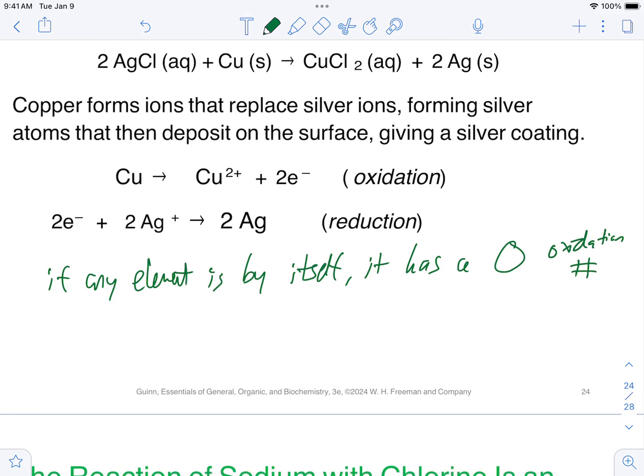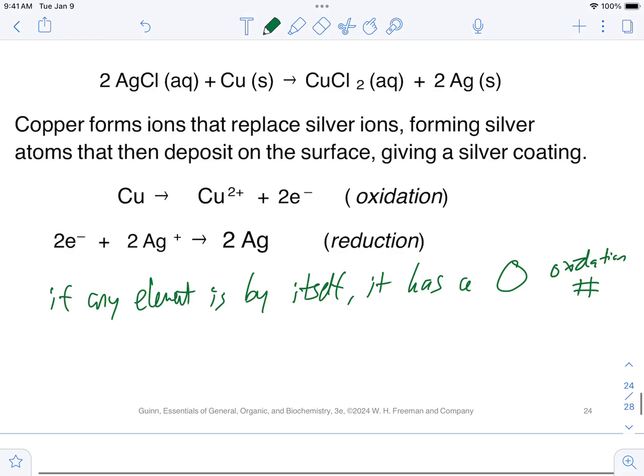And then whenever an element is in a compound, it takes on the charge, whatever charge it has in that compound. So let's look at this here. Let's focus on Cu. So Cu over here is by itself, right? So Cu is starting as a zero charge.